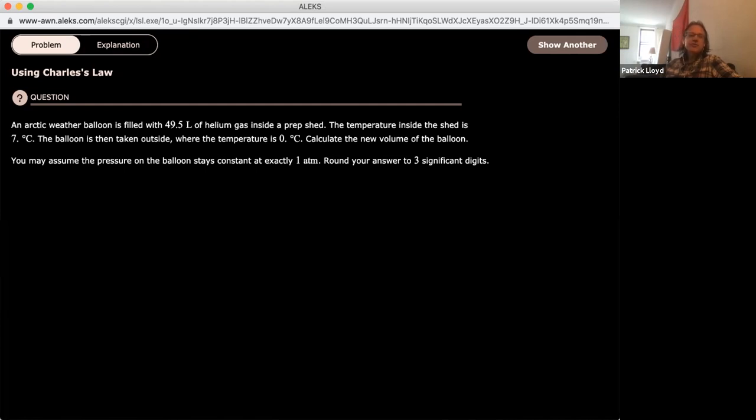You're going to add 273.15. The balloon is then taken outside where the temperature is 0 degrees C. Okay, there's your T2. But again, make sure that's in Kelvin. Calculate your new volume, calculate your V2, okay? That's the idea there. Pretty simple, actually, once you start looking at it.